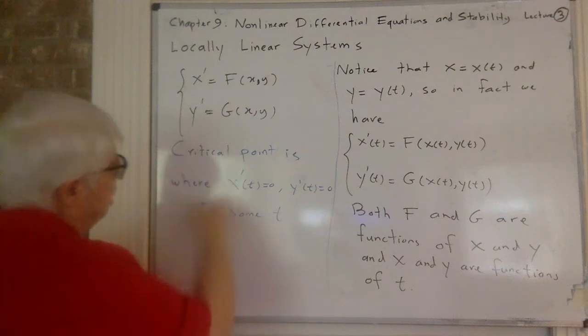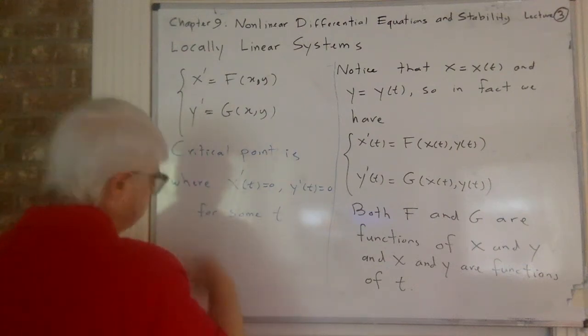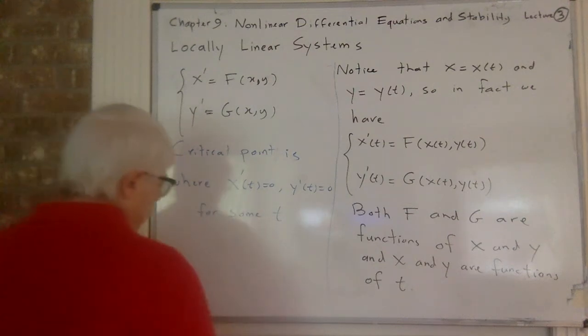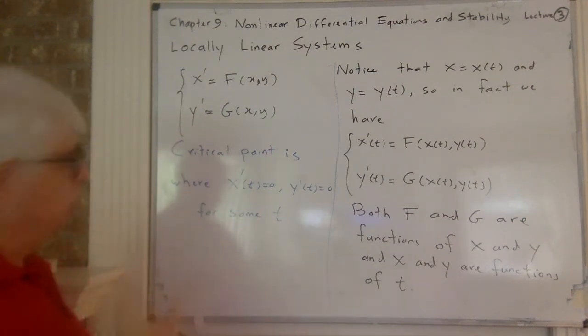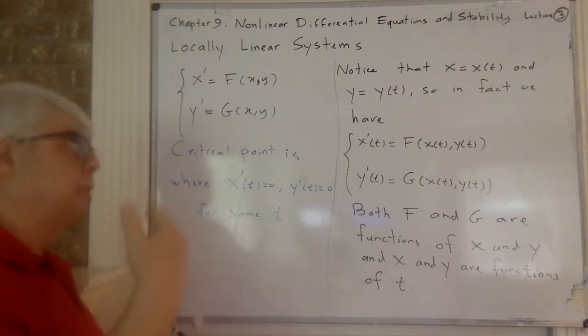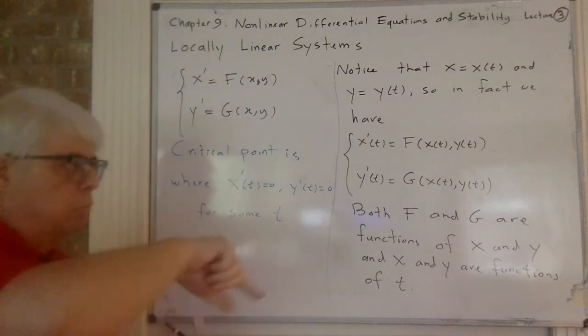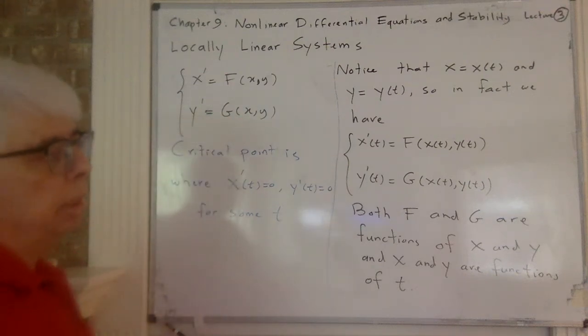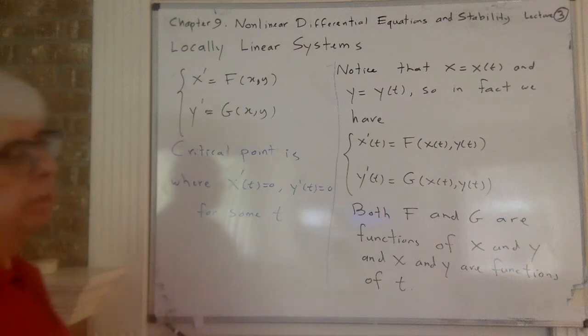In linear systems, when we were getting close to the critical point, if the system was stable, that was when time was going to infinity, and we never reached that critical point.